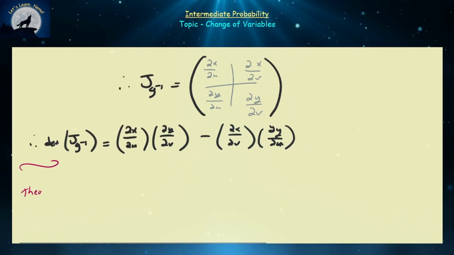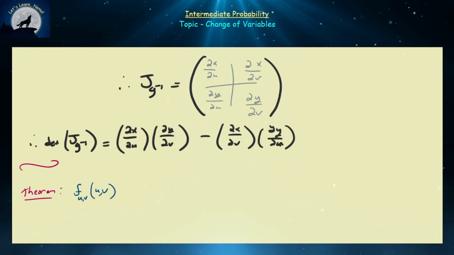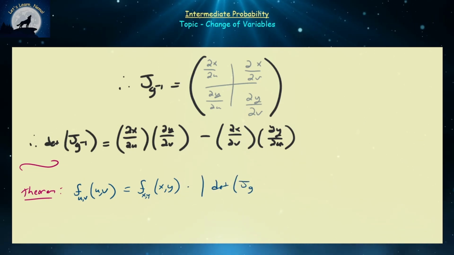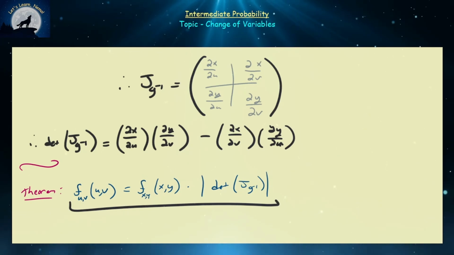The important theorem that connects these things together is as follows. The probability density function for uv, evaluated at uv, will be equal to f_xy, evaluated at xy, times the absolute value of the determinant of the Jacobian matrix of G inverse, where G inverse connects these coordinates xy with uv. In case you do not already know how to prove this using multivariable calculus, I highly suggest you work on that because that's very, very important.